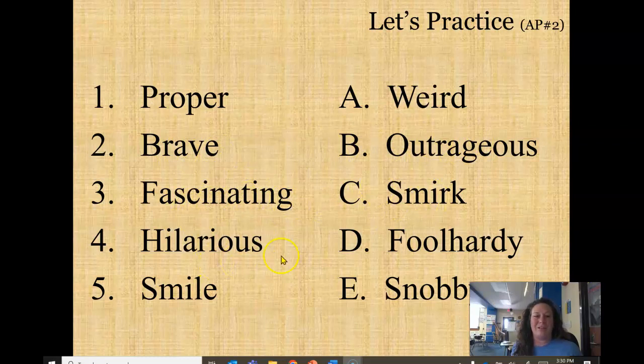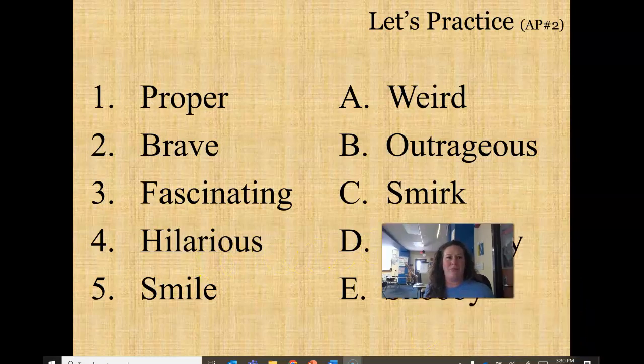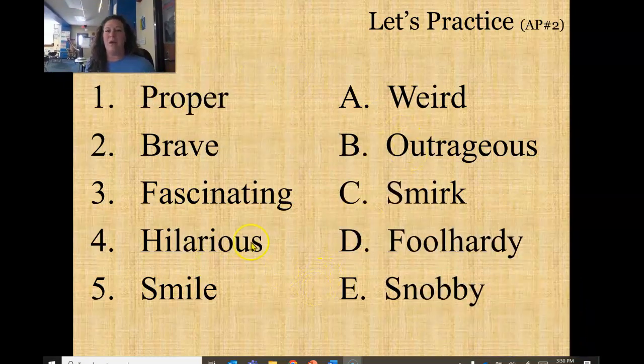Fascinating, smirk, hilarious, full-heartedly, smile, and snobby. Let me move myself out of the way so you guys can see it. At this point in time, push pause on the video and connect. Like if you think proper is outrageous, you would connect one to the letter B. So push pause and connect all of the dots.